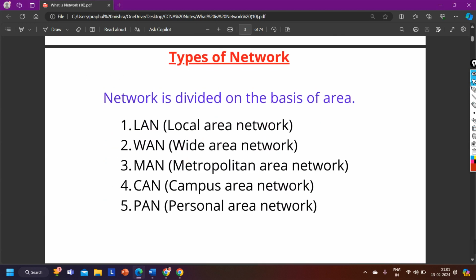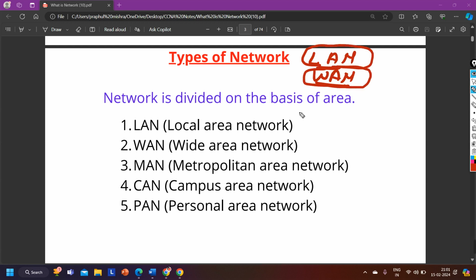Then types of network. There are only two types of network: one is LAN and another one is WAN. LAN stands for local area network, and WAN stands for wide area network.